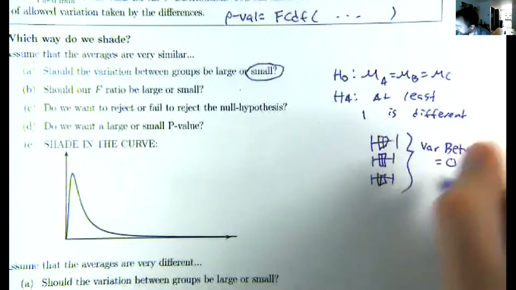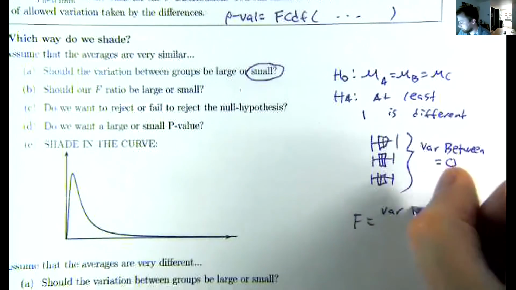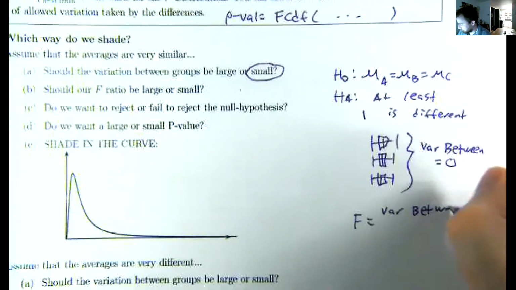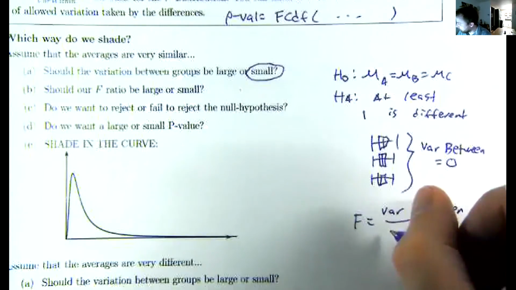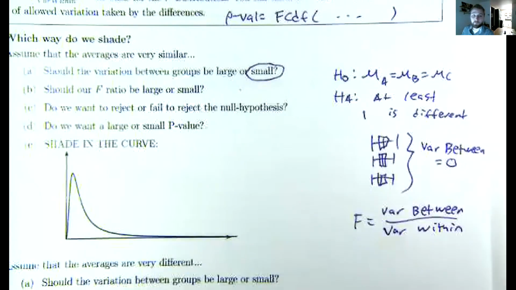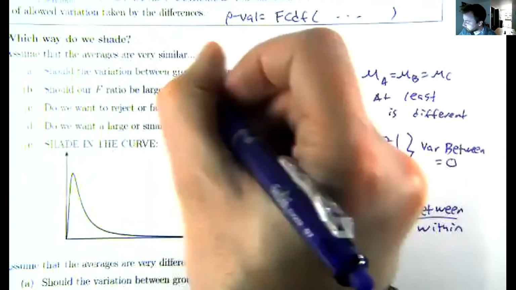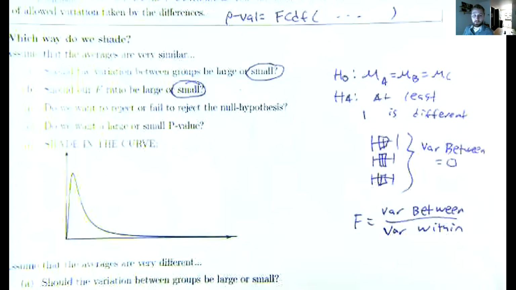Now this variation between, this is the top of a fraction. So if I have something like 0 over 10, well, 0 over 10 is going to give me 0, so having something small on the top causes my fraction to be small.